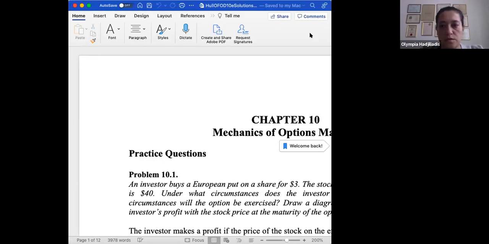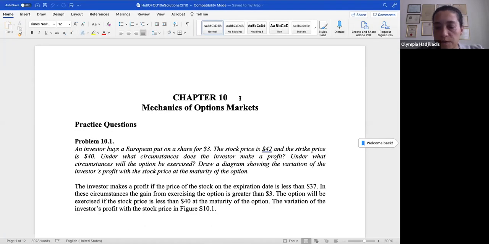So we begin with the problems in chapter 10. So here we are. Mechanics of options markets. The first problem says an investor buys a European put on a share for $3.